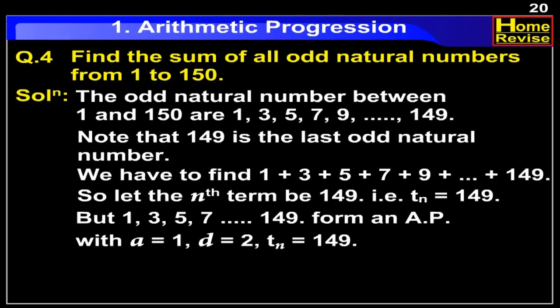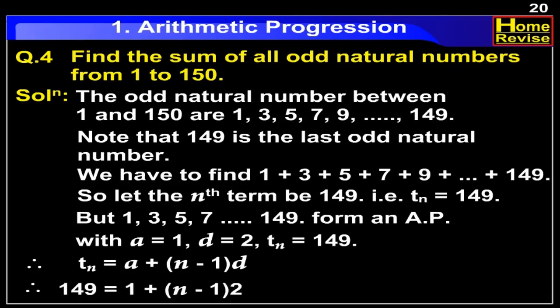By using the formula Tn is equal to A plus (n minus 1) into D, we have 149 is equal to 1 plus (n minus 1) into 2.